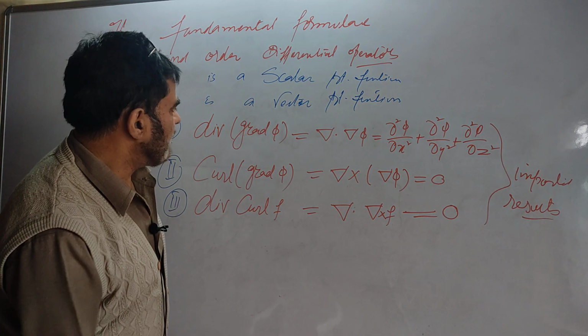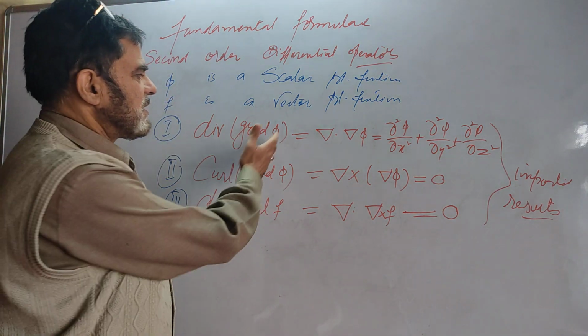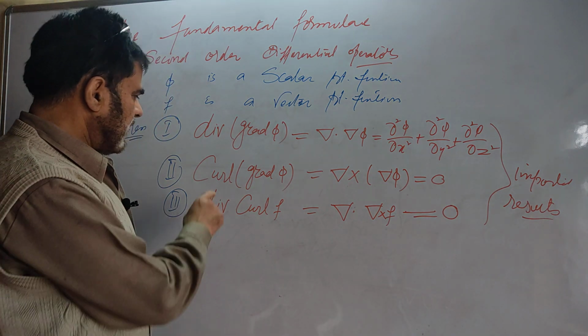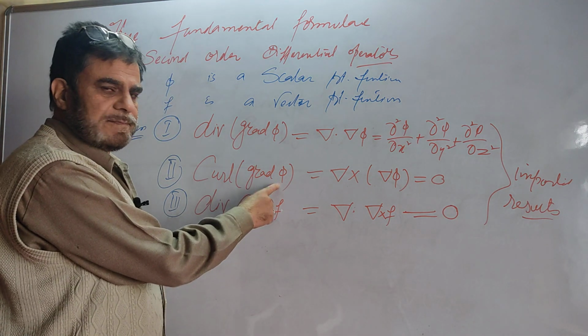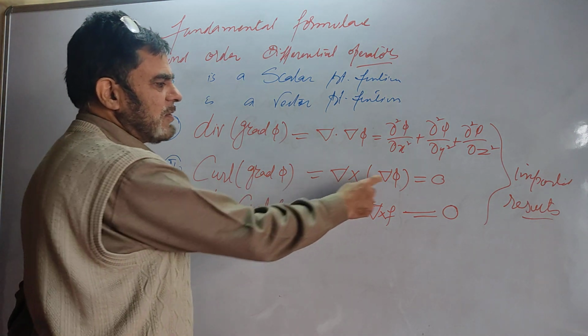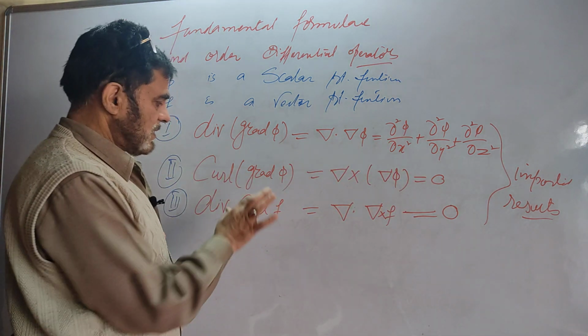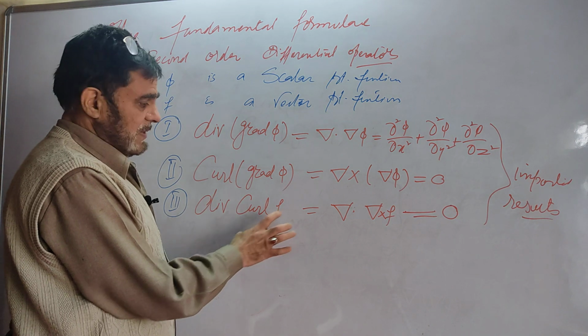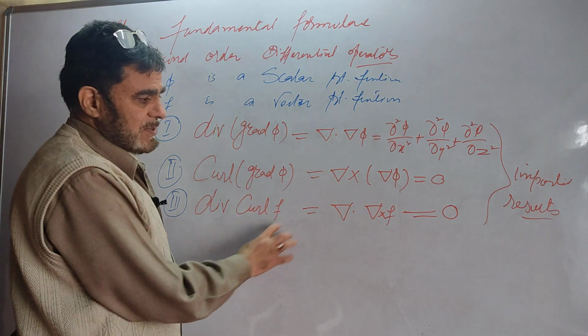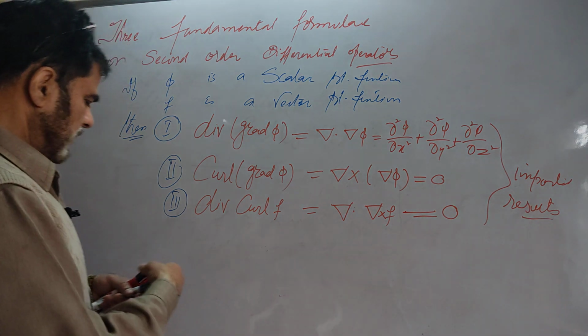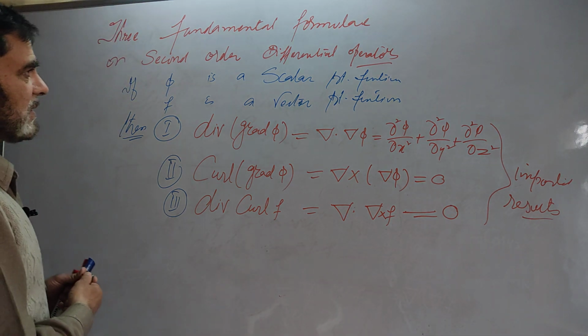Wherever you come across the divergence of gradient of some scalar point function, you can immediately use this result. Second, the curl of the gradient of phi is del cross del phi, and it is 0. Remember this. And the divergence of curl of f, where f is a vector point function, is also 0. Very important, interesting results. Let us prove it.